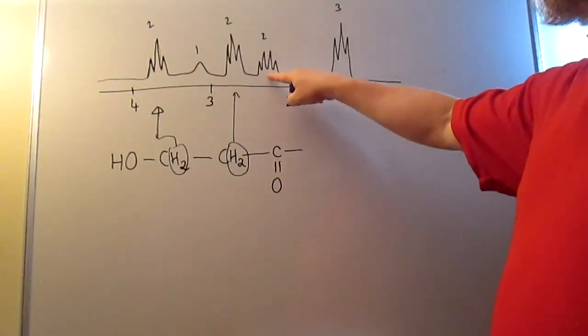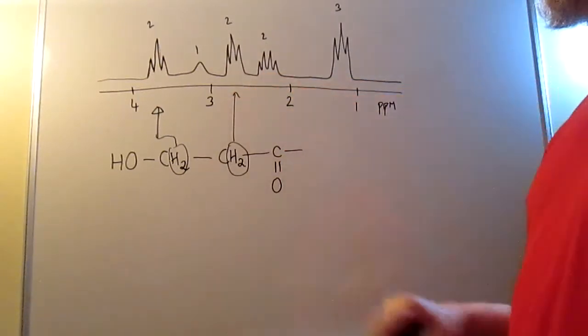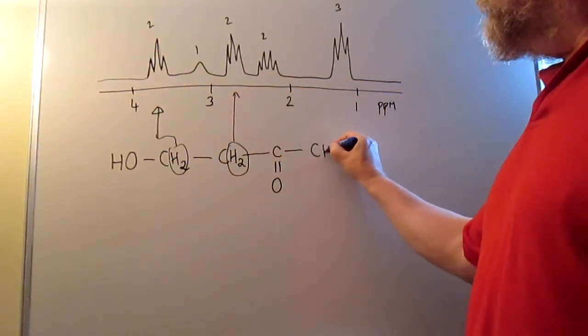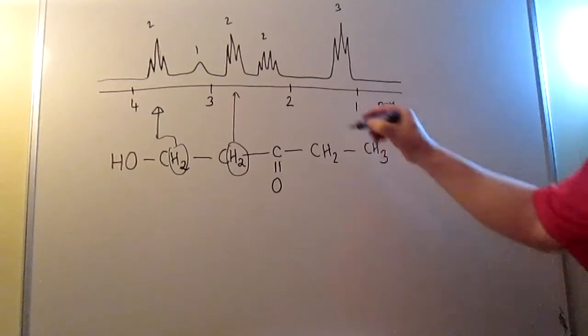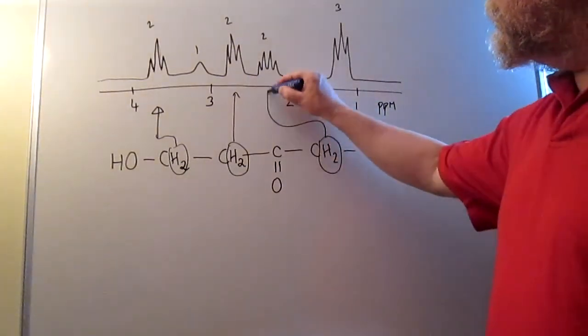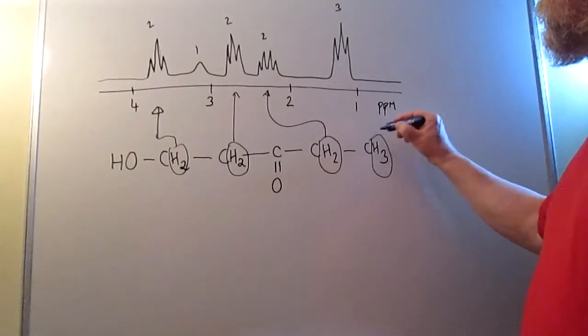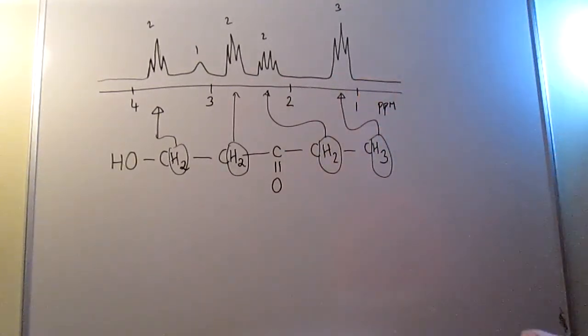And if we look at the chemical shift of that one, again it's in that region where it looks like it's next door to a CO, so we can say this looks like it fits. And that would be suggesting that that CH2 gives you that peak, and that CH3 gives you that peak. All the chemical shifts fit, all the areas fit, and all the splittings fit. Double check that it fits the molecular formula, which it does, and we haven't forgotten anything from the infrared, which we haven't, so that all looks fine.